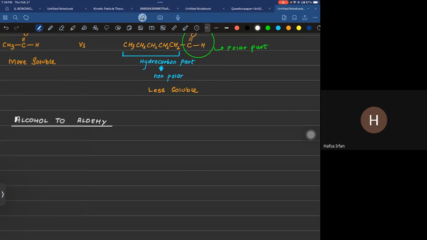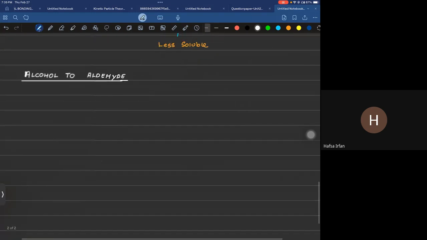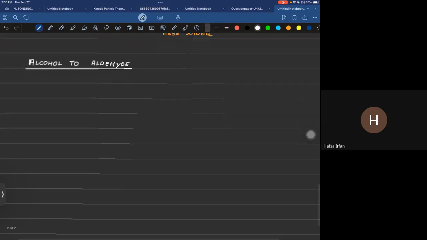So how can I convert from alcohol to aldehyde? How can we do this? Alcohol to aldehyde. So it depends के कौन सा alcohol you have. You have primary alcohol, you have secondary alcohol, or you have a tertiary alcohol.